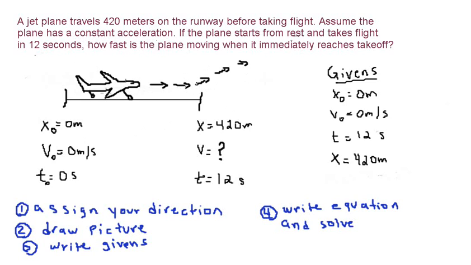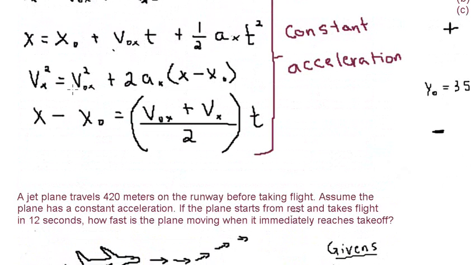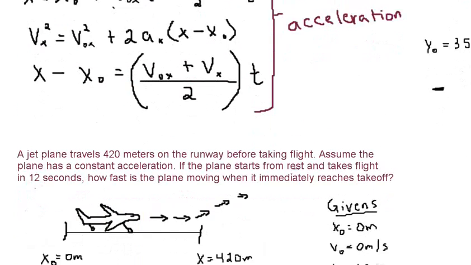The plane is moving in the x direction, not the y direction. Okay, so that's why the kinematic equations are going to have an x here instead of a y. If the plane was moving up and down, this would be a y instead of an x.